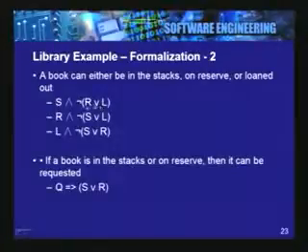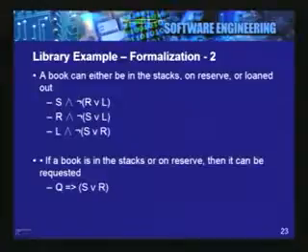Similarly, what we are trying to see here is that the next specification says that if it is on reserve, it implies that it is not on the stacks, which means it has been brought over to some library counter somewhere and kept ready for the person who had requested it, neither has it been loaned out, right.